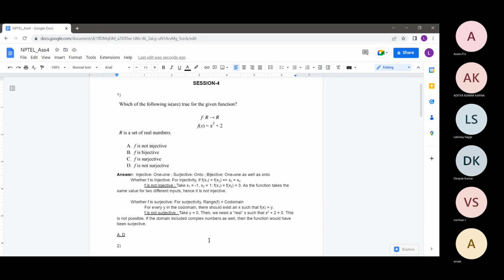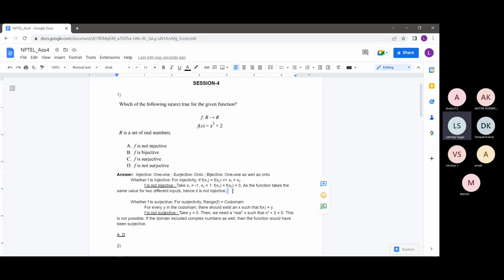Here in the function f, the codomain was given as whole R. So for injectivity, let me just mention this in the comments.